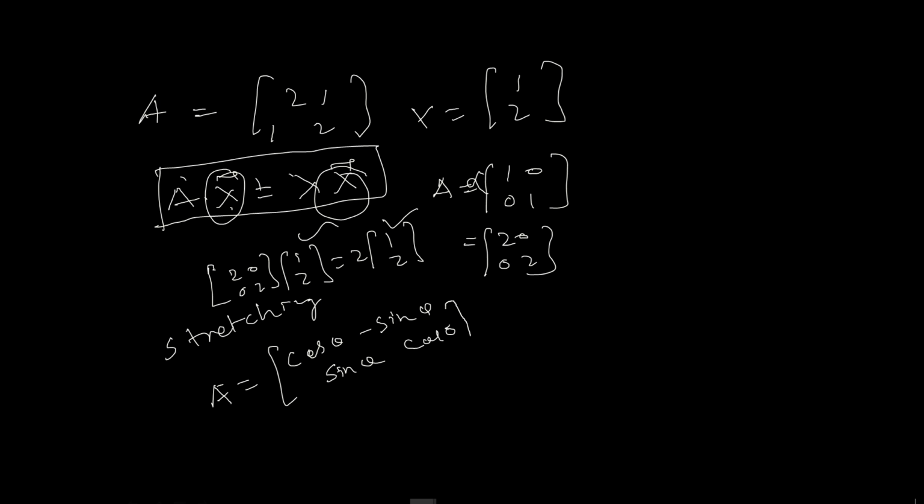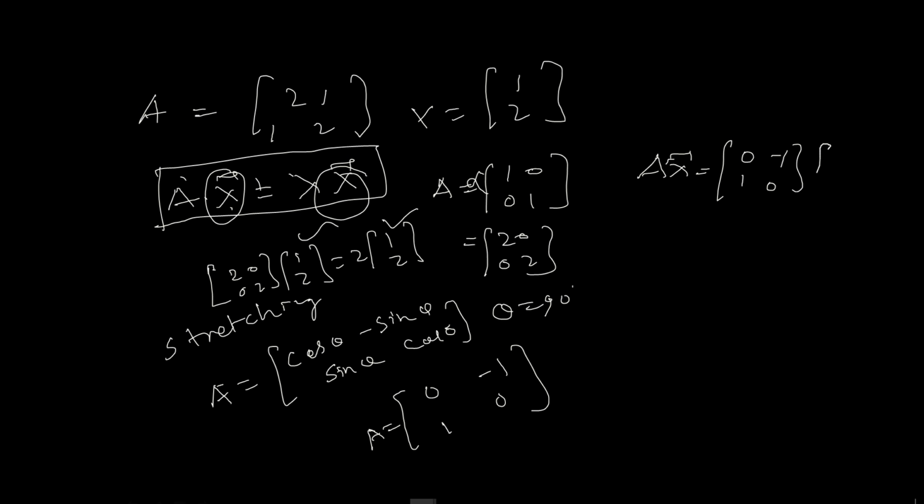This is now A. Let us do A into x. What is happening? 0 minus 1, 1 0, you are multiplying with 1 and 2, and you are getting minus 2 and 1. This is 2 cross 2 times 2 cross 1, so you get a 2 cross 1 matrix.